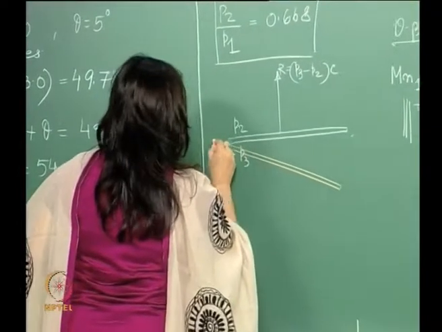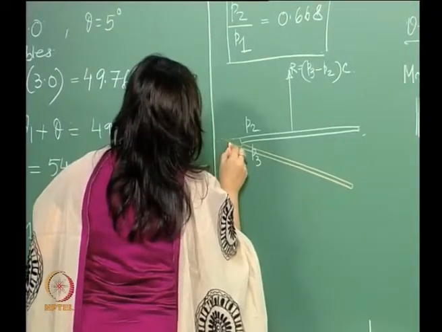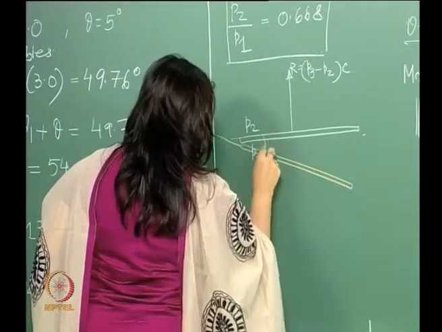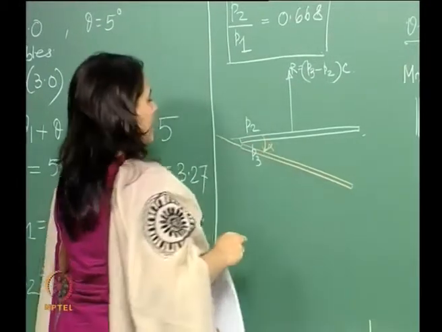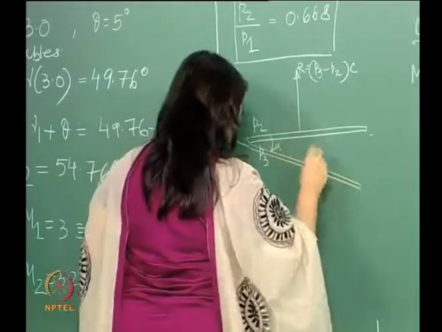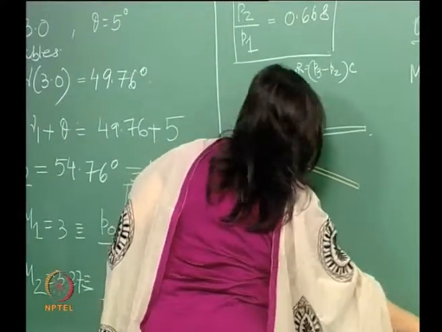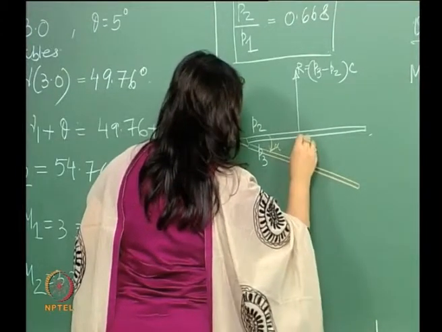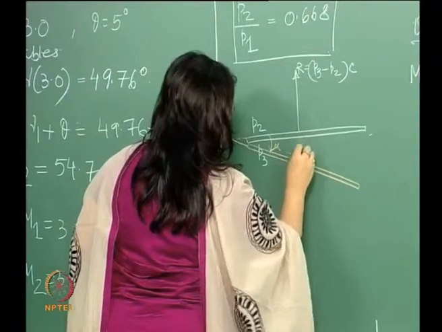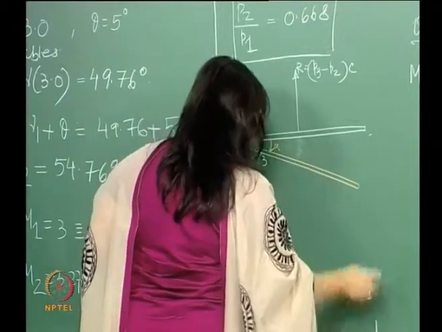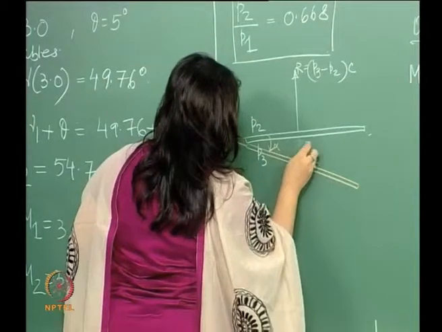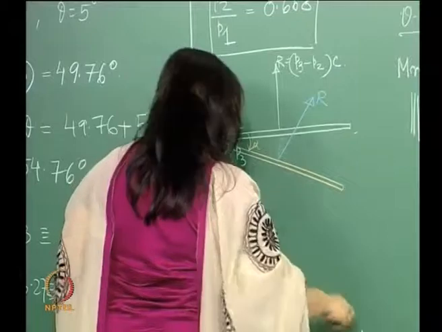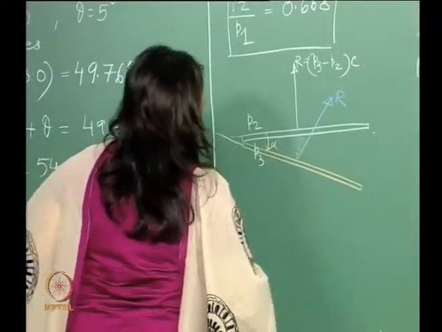Okay. I incline it by alpha. So, then this comes here. So, then this is still R, this is the same R, but we will need to take components like this.